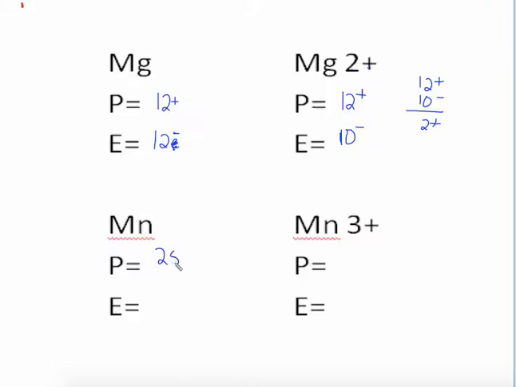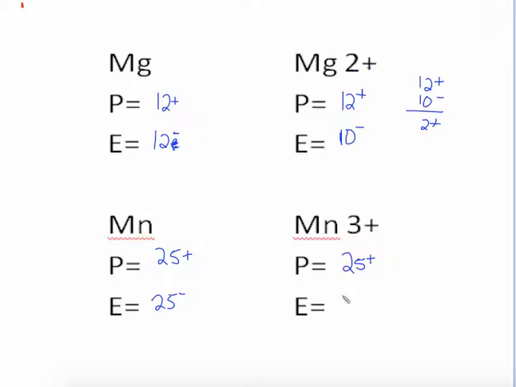Okay, let's do manganese. Manganese is number 25, so it has 25 positives and 25 negatives when it's a neutral atom. When it becomes an ion, the protons don't change, 25 plus charges, but it has 3 more positive charges than negative charges.